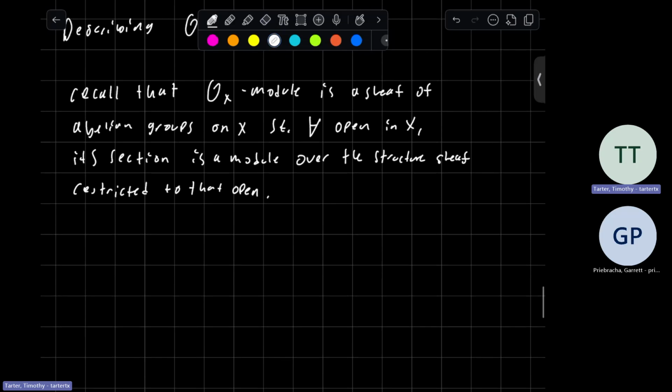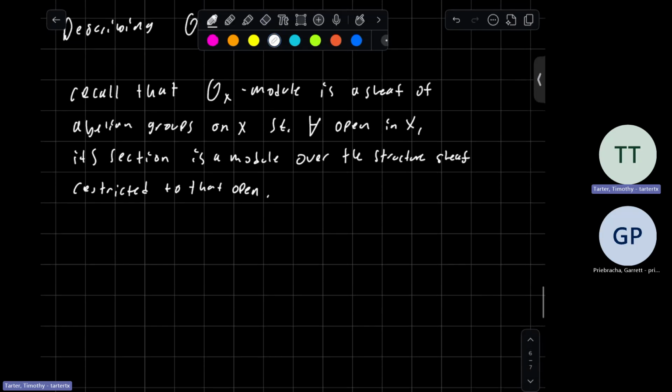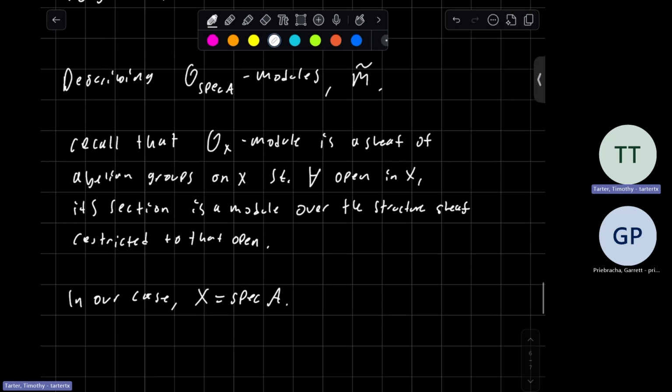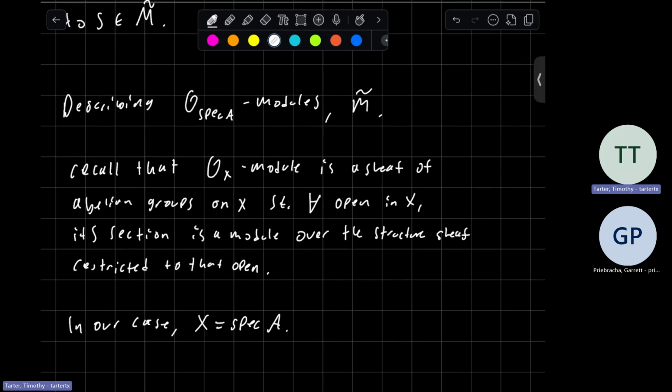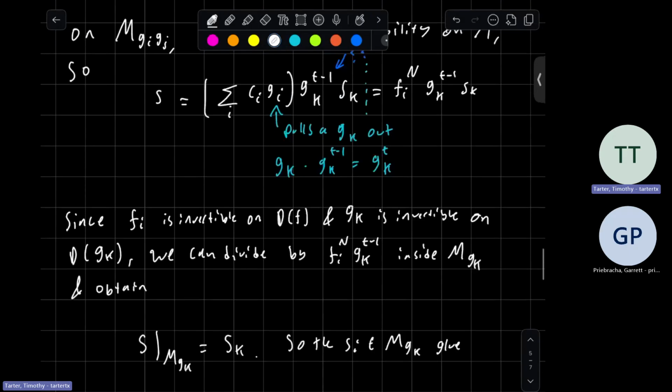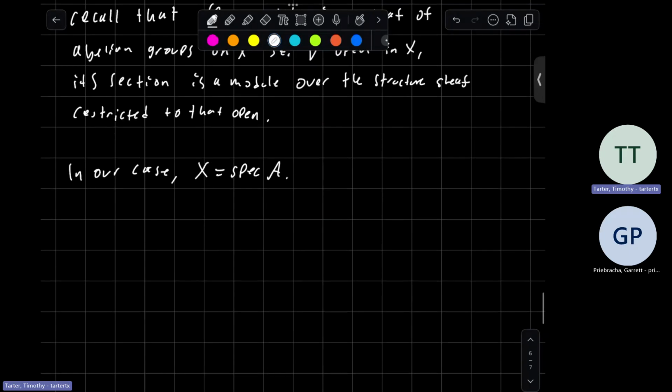Right. And so basically what we've constructed is X is spec A. And so we've partitioned spec A into opens with distinguished opens.